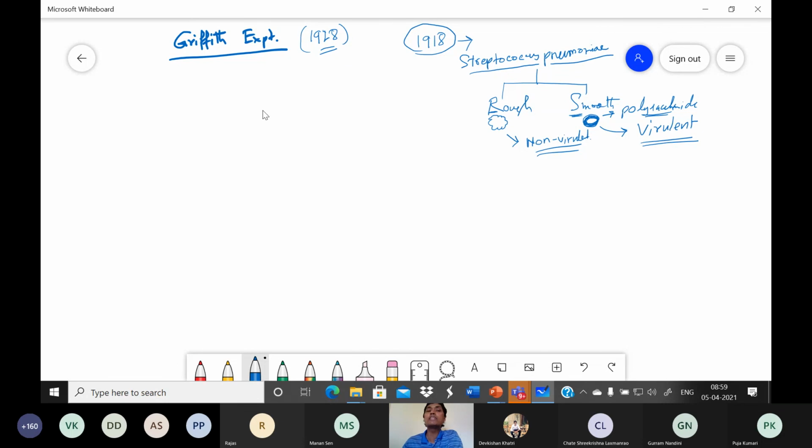But when Griffith did the experiment, you cannot use a human being itself to do the experiment, right? So what he did, he used a mouse. That is normal, right?